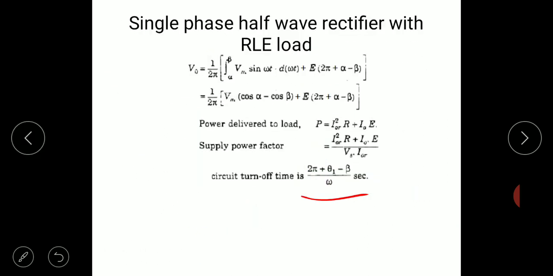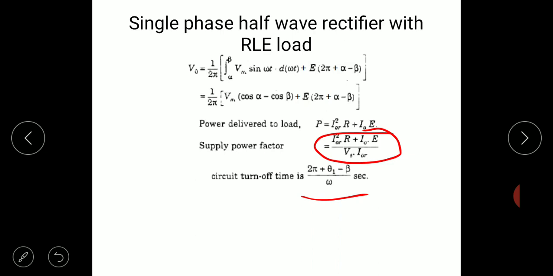Now from this expression we can determine supply power factor. We have RMS current, we have I naught, we have R, we have E, we have supply voltage Vs, and we have in the denominator the RMS current.